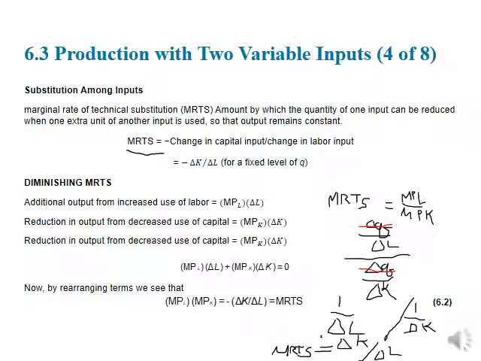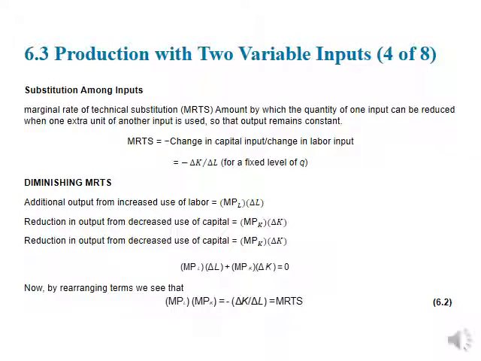I'm going to clean up the slide real quick, but graphically, what this means is that the MRTS is just the slope of the isoquant. This is a tangent curve.